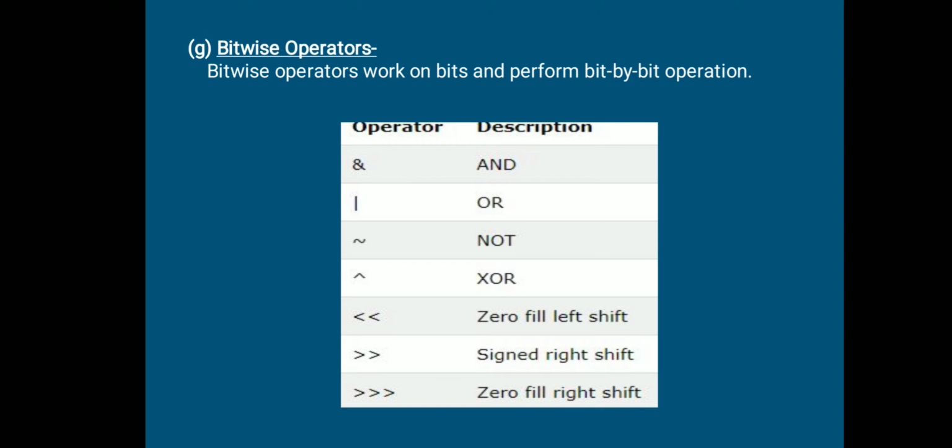And logical OR returns true if any one of the expressions is true. And logical NOT returns true if the expression is false. That is, not of false is true. Likewise, here also we can apply these on the bits. Here you can see bitwise and, bitwise or, bitwise not, XOR, left shift, right shift.